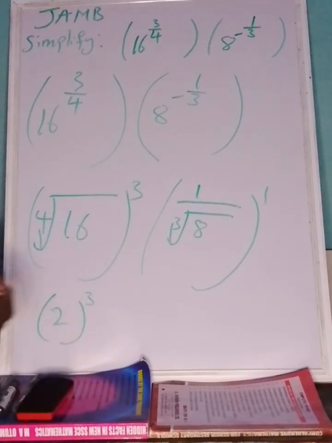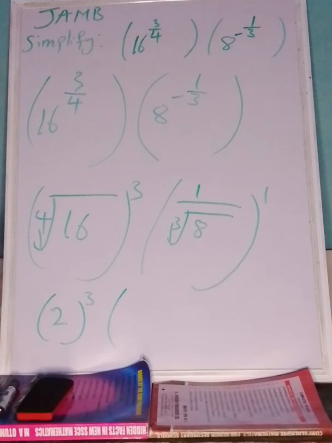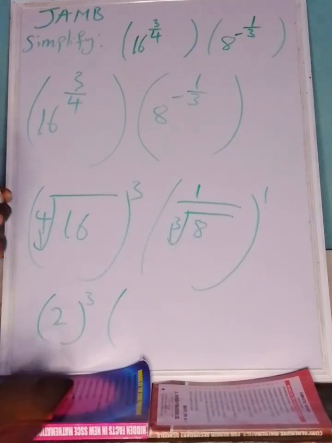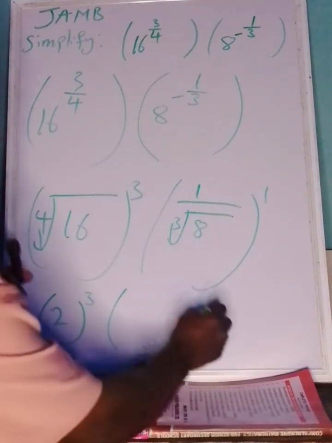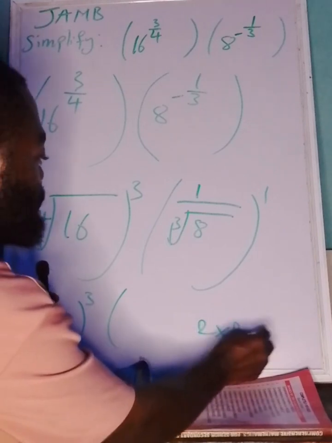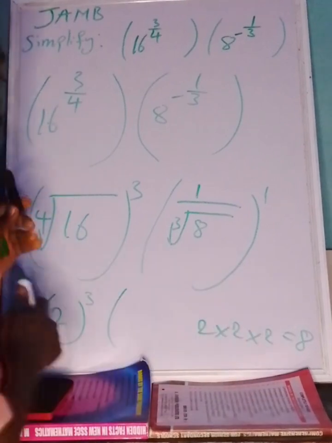I told you that the numerator of the fraction is the power of the root of that base number. So the other bracket here, what is the 3rd root of 8? The 3rd root of 8 is the number you multiply by itself 3 times to have 8. The number is still 2. 2 times 2 is 4, 4 times 2 is giving us 8.